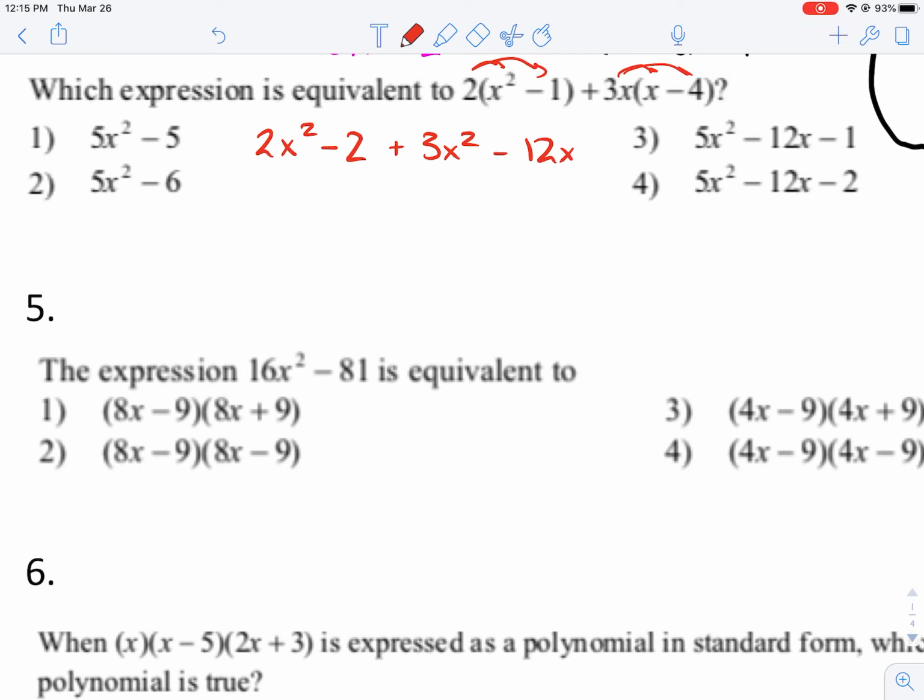There's 2x squared minus 2 plus 3x squared minus 12x. And then all we have left to do is just combine like terms. So we have this one here and this one here. That's going to give us 5x squared. And then we have minus 12x. And then negative 2.